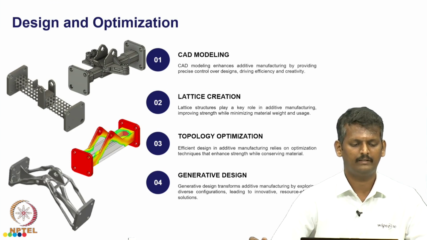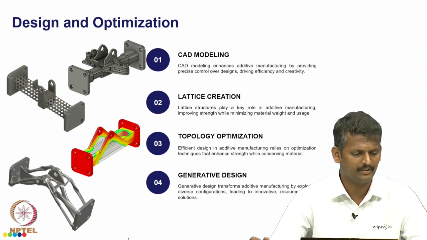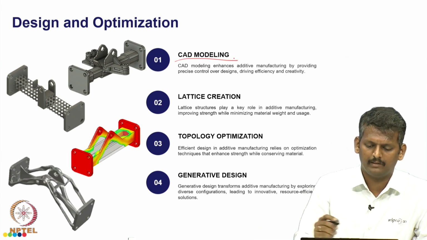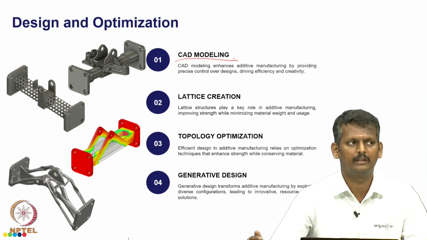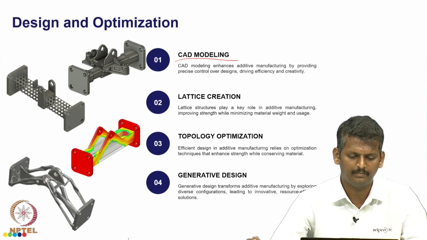Now, let us see what can be done with the design and optimization. The first thing we can see is CAD modeling. CAD modeling is not a new term in the industry. From long back it has been there.